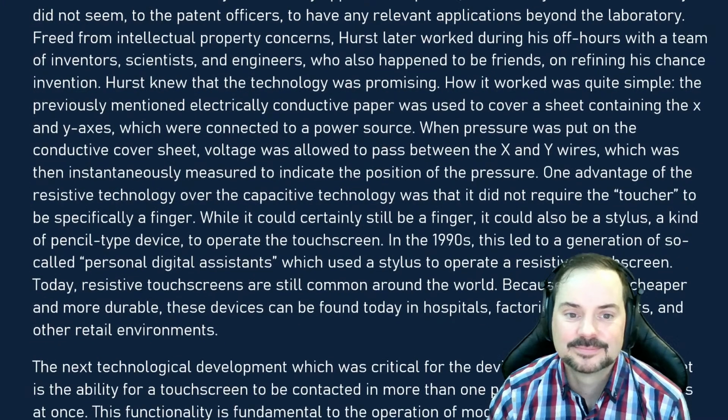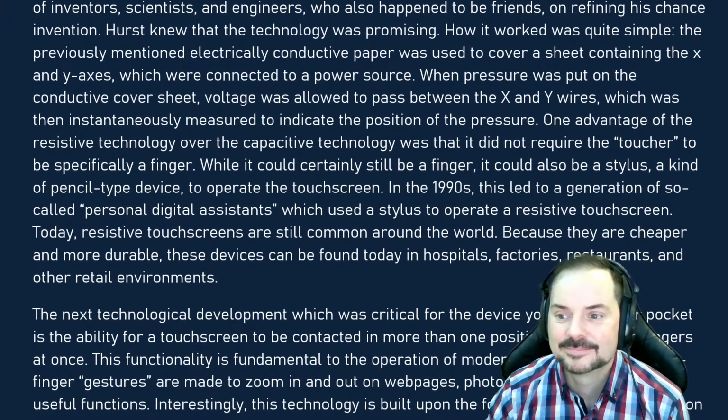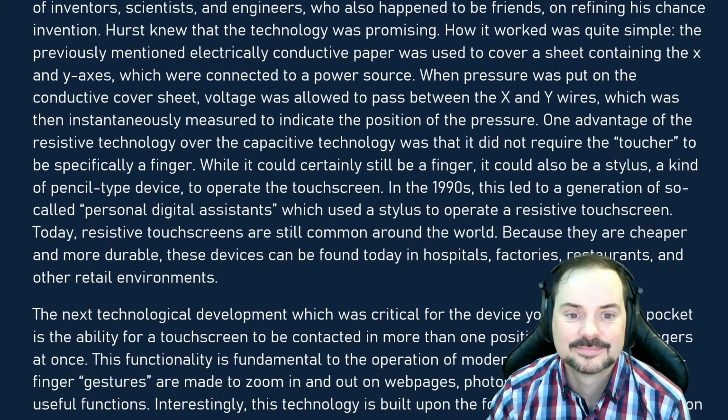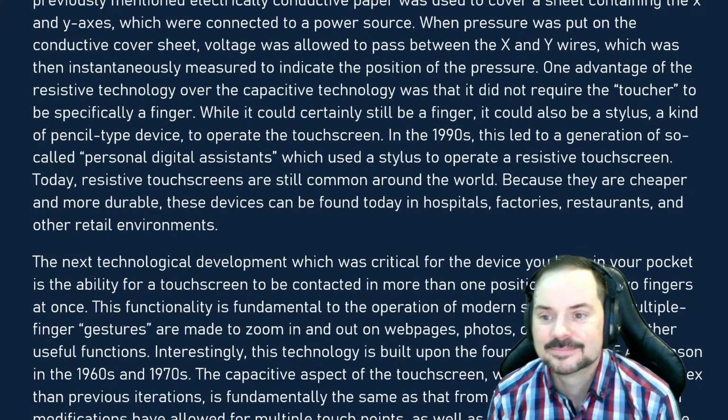The previously mentioned electrically conductive paper was used to cover the sheet containing the x and y axes, which were connected to a power source. When pressure was put on the conductive cover sheet, voltage was allowed to pass between the x and y wires, which was then instantaneously measured to indicate the position of the pressure.